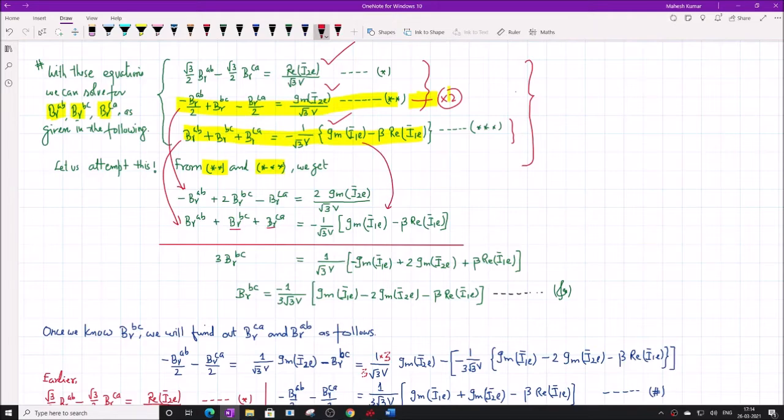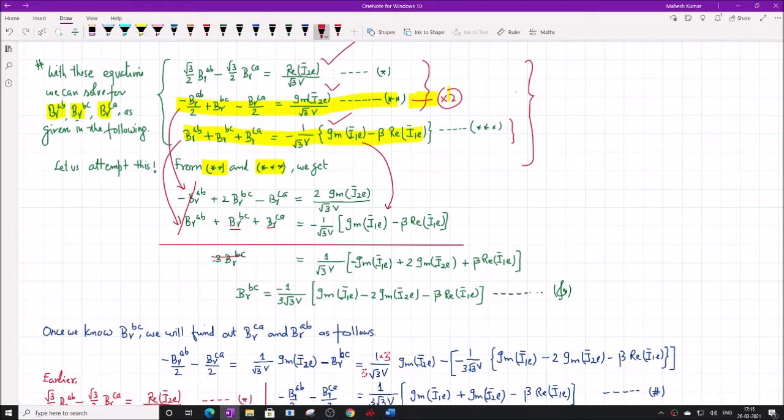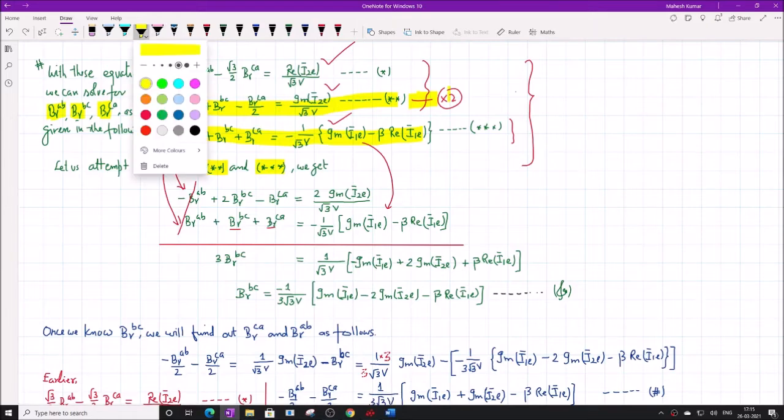Simply add them, and this will go away. On the left hand side, we will get 3 into B gamma BC. I'm sorry, wrong here. This equals the sum of these two.